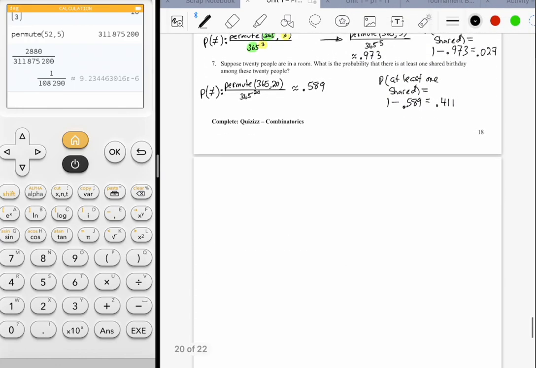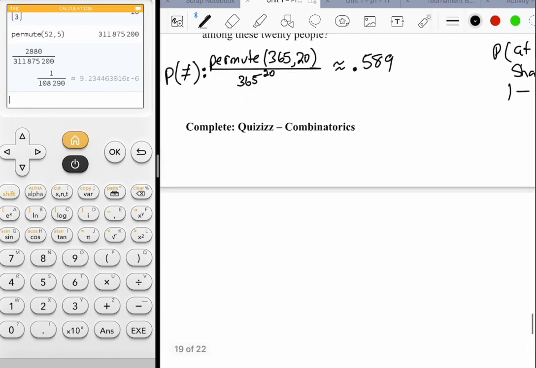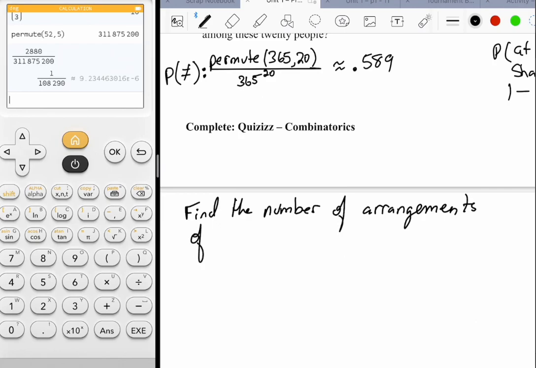And I'm going to say, for example, we're going to find the number of different arrangements of the letters in the word.